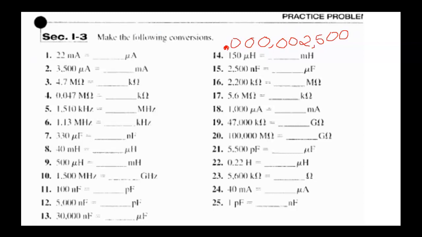Because micro is 10 to the negative 6. There's negative 3 milli. There's negative 6 micro. That's why I put the commas in there. So your answer should be 2.5 micro. Does that make sense?